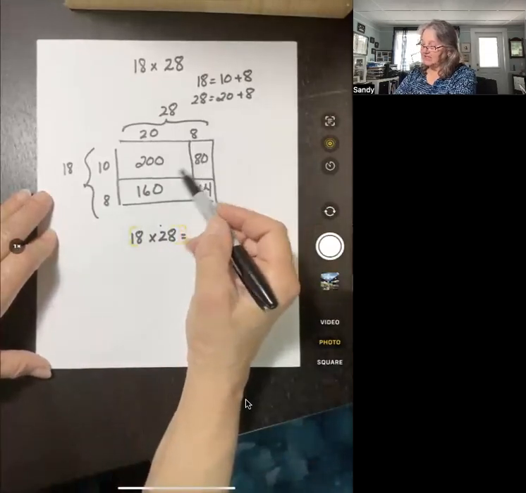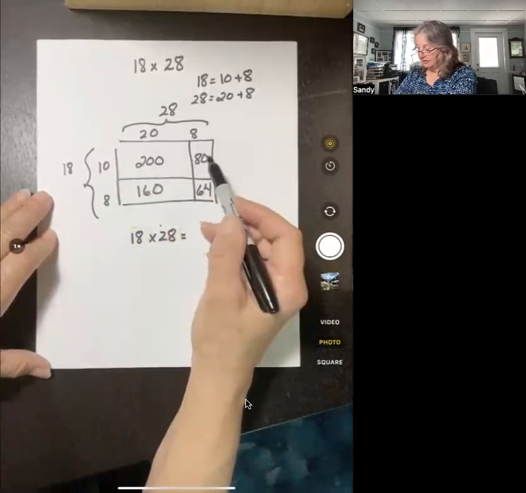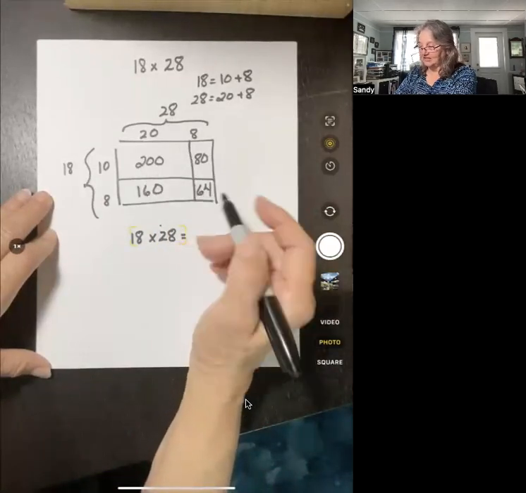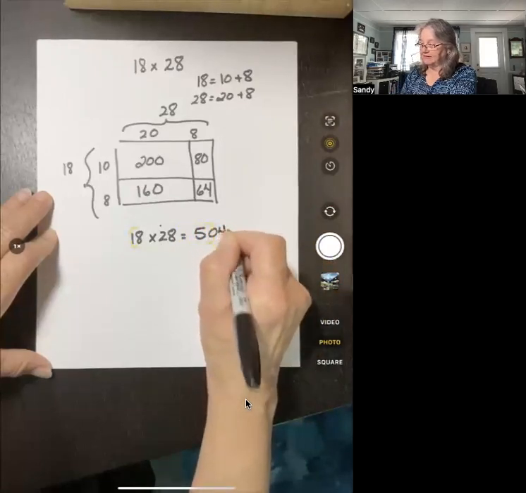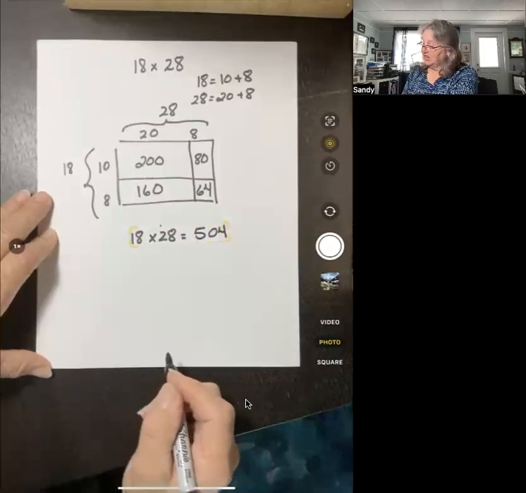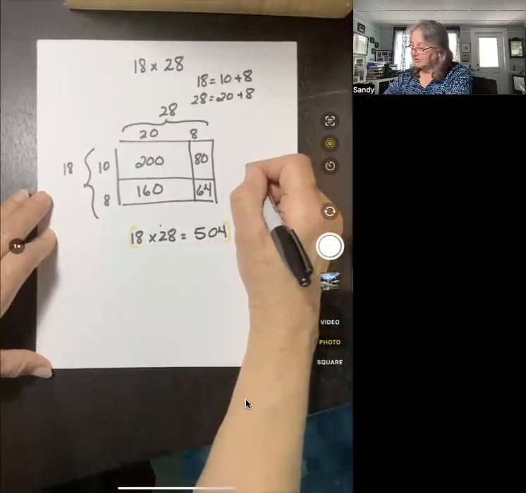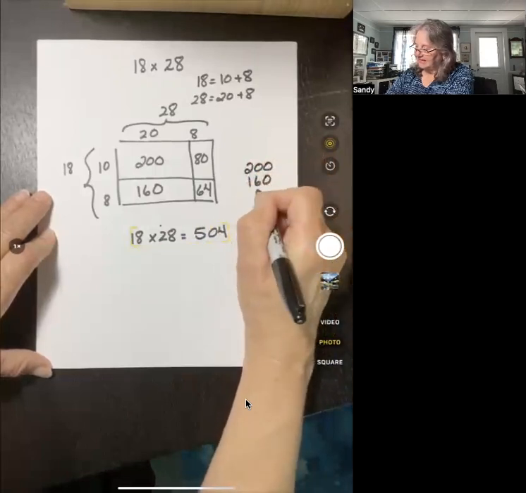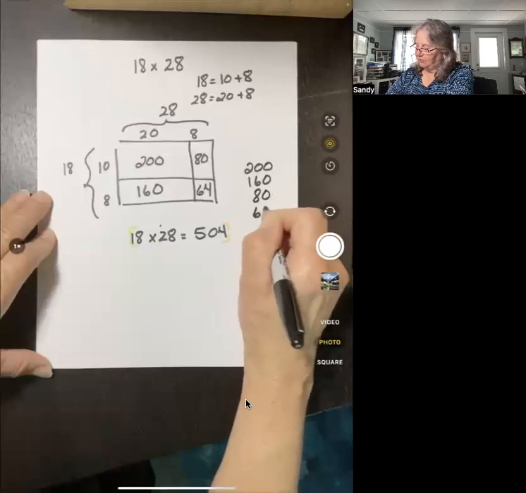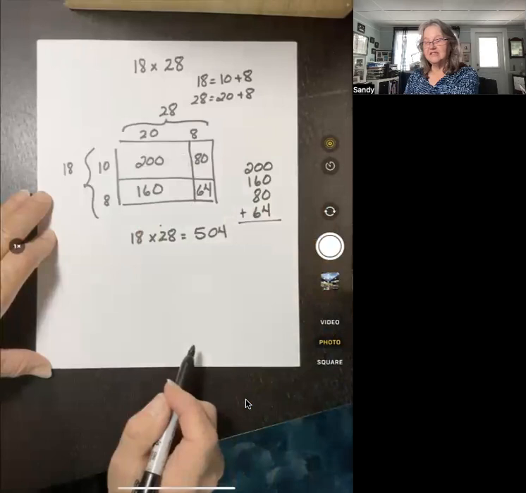Essentially, we've got here 240, 440, and that 60 gives us 500. So we're at 504, I believe, okay? If you want, your children may want to write the partial products: 200, 160, 80, 64. The partial products are just the product of each of those pieces.